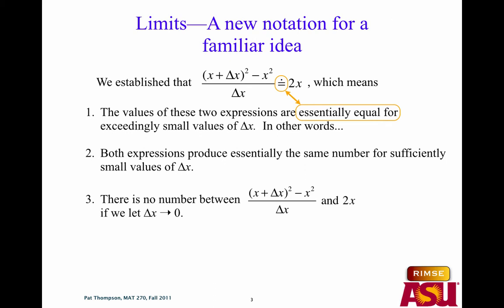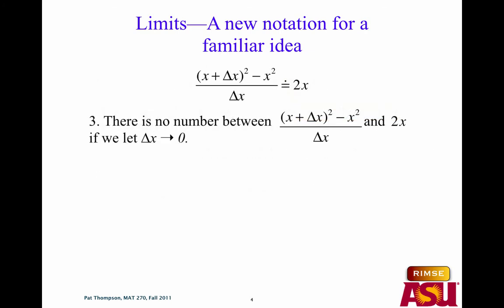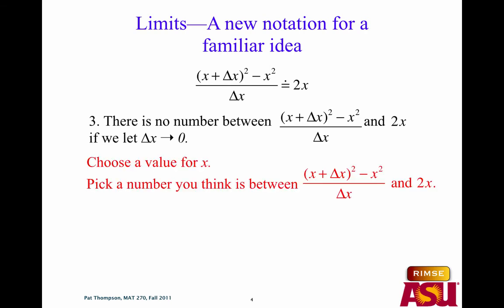So let's analyze this third statement again really fast. So what does it mean to say that there's no number in between these two expressions if we let delta x get really small? That means if I choose a value for x, and I try to think of a number that's in between the values of these two expressions.